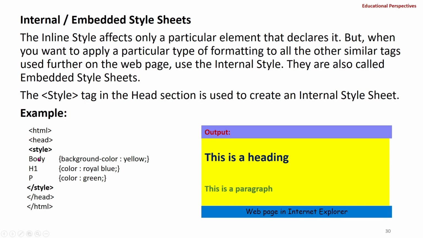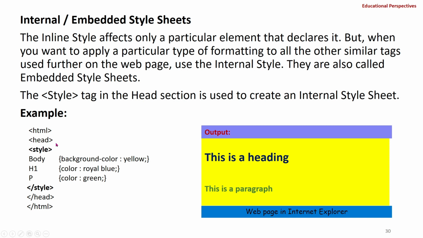Here we have written body, H1 and P. We have given CSS style attributes to our body tag, H1 tag and the paragraph tag. So you can see the code. CSS styling sheet code is written along with the HTML code inside the same program.